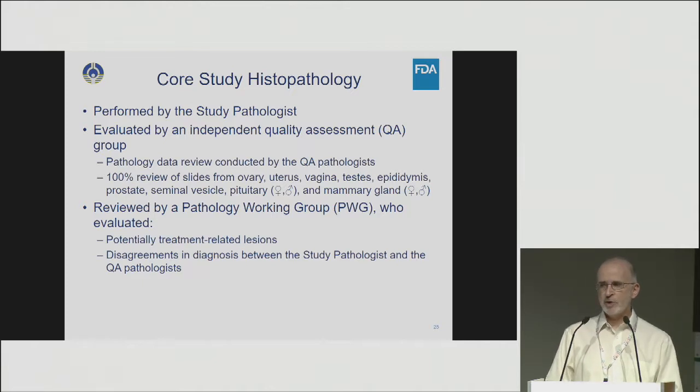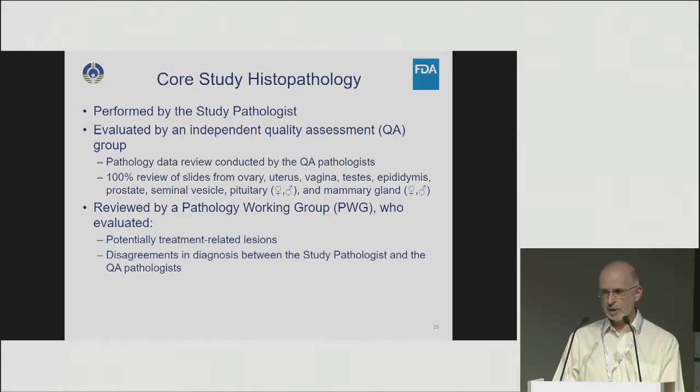His findings were then placed in a draft report, which was evaluated by an independent quality assessment group, which consisted of 4 veterinary pathologists who reviewed the findings. This is one aspect that's unusual. Usually there's a subset of each tissue that's examined. In this case, there was 100% review of the slides from the reproductive tissues in males and females.